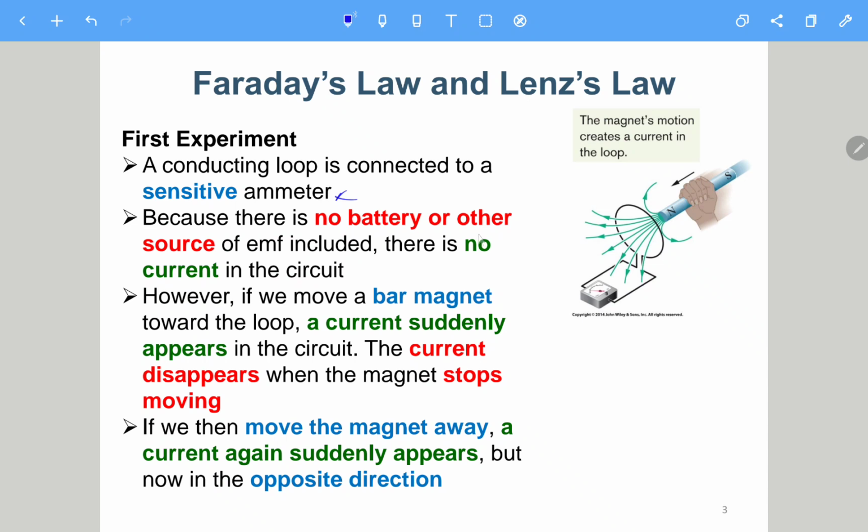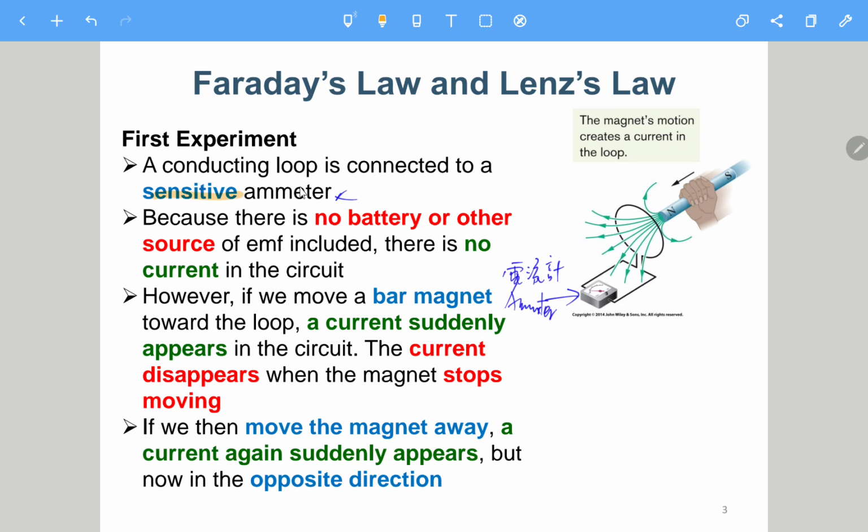You can see this is the ammeter. In Chinese, it's called 电流计. The word sensitive means this ammeter can measure small currents.